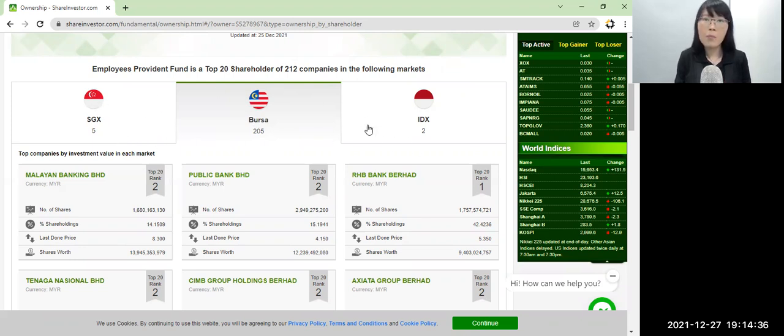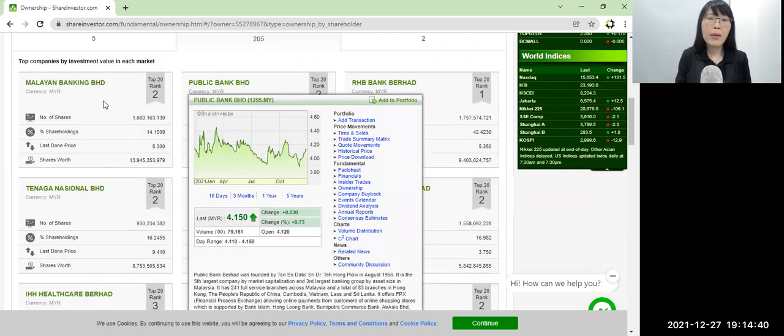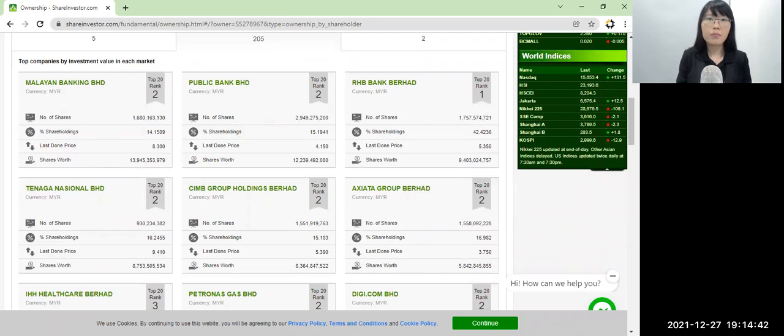So these are the companies that EPF owns. Based on this, you can see that EPF owns 1.680 billion shares of Maybank.